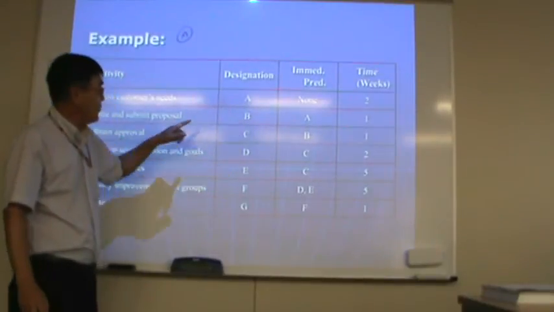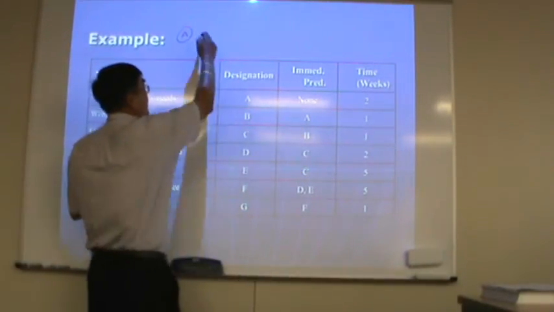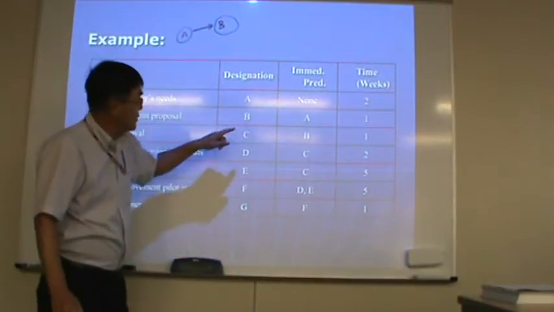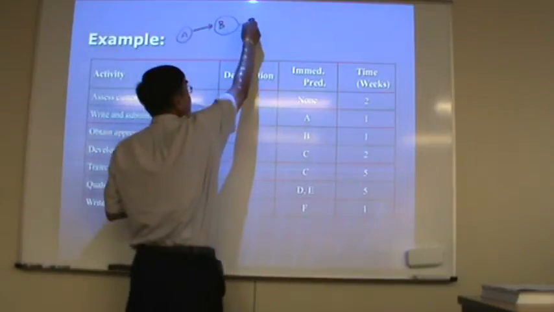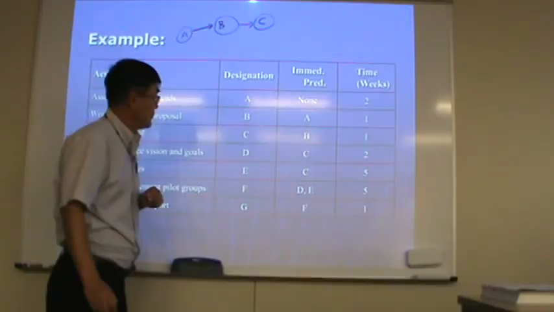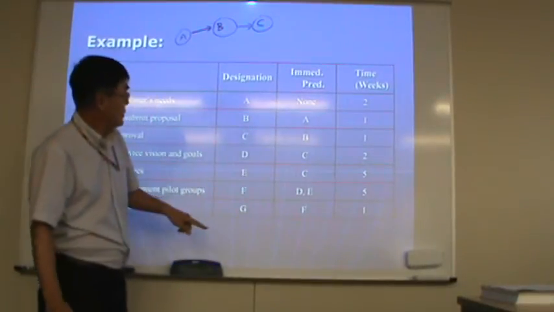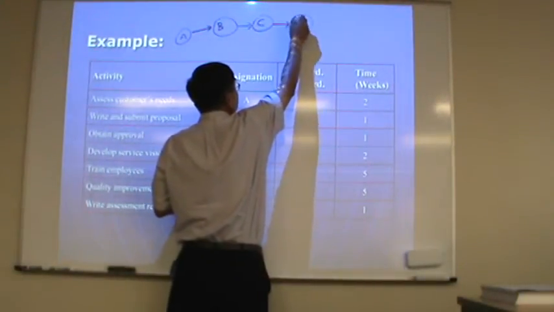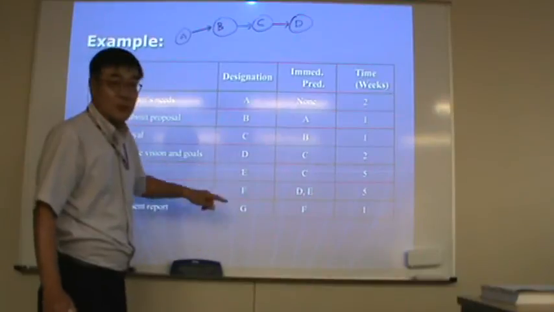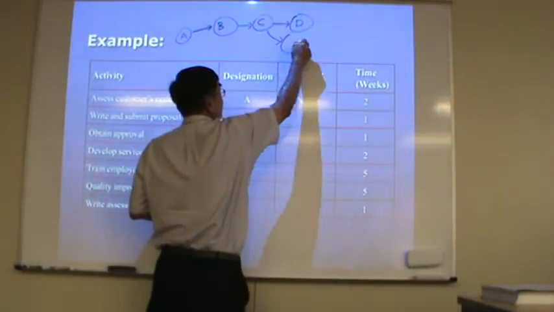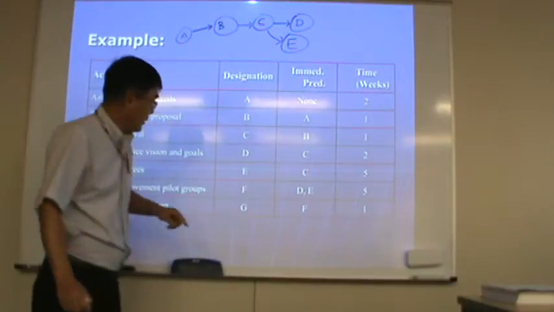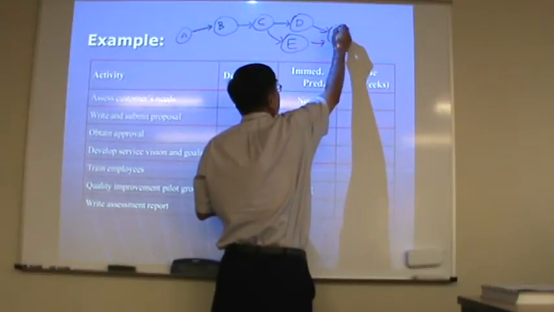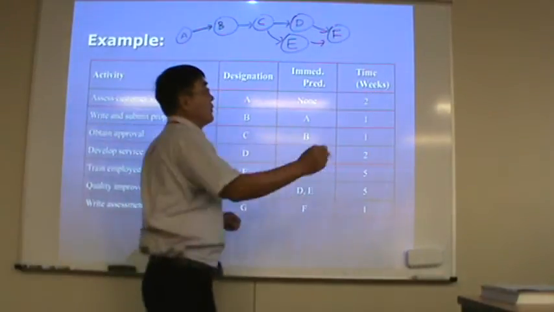Then activity B from A, right? And C from B, right? D from C, right? Yes. And E also from C. And F from D and E together. And G from F, right?